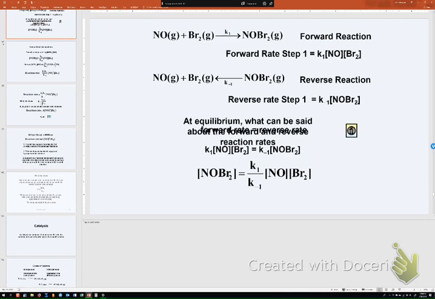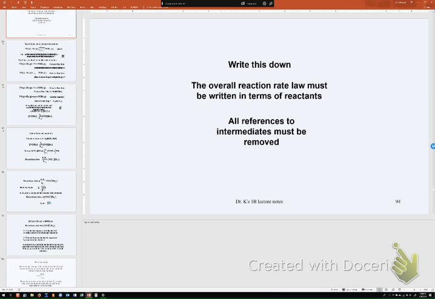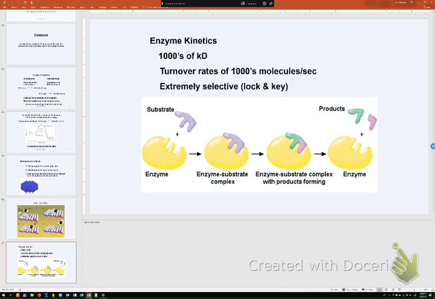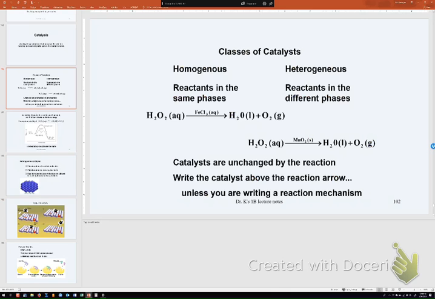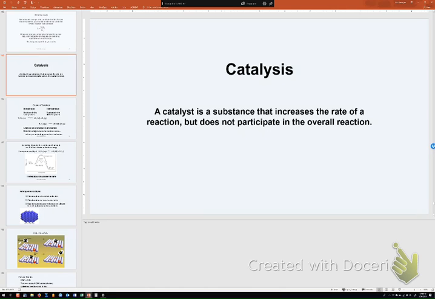Trying to find a good slide, but I don't see the one I want. Let me just write stuff on the board, and then we'll start the catalyst, because there's a few other things I need to say about reaction mechanisms.